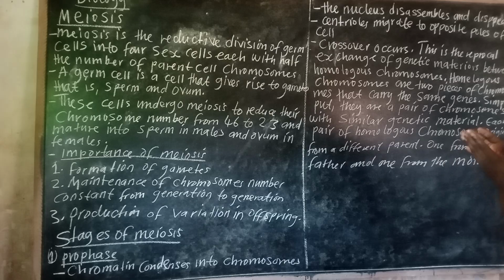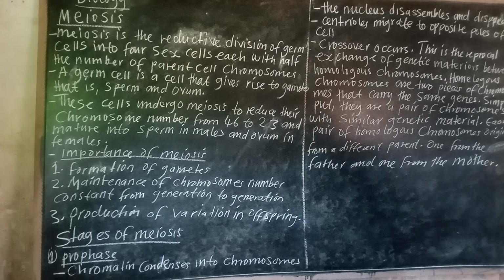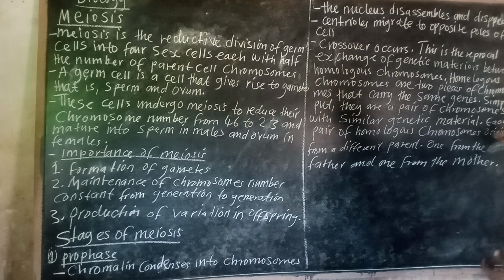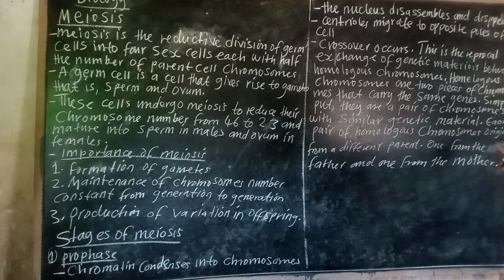So we are saying crossover occurs. This crossover is the reciprocal exchange of genetic material between homologous chromosomes. We have heard that homologous chromosomes are two pieces of chromosomes that carry the same genes. Simply put, they are a pair of chromosomes with similar genetic material.